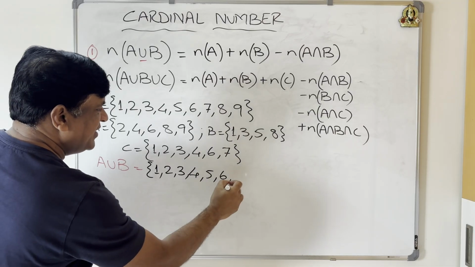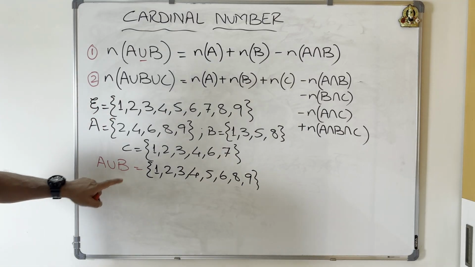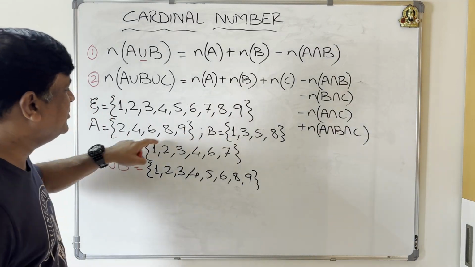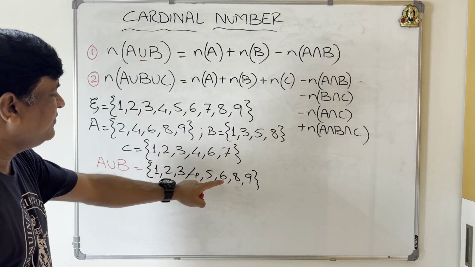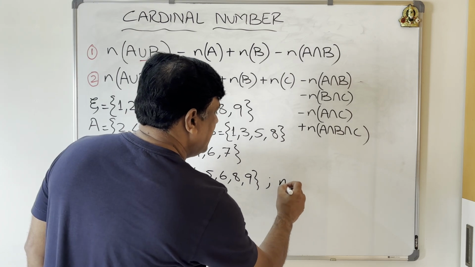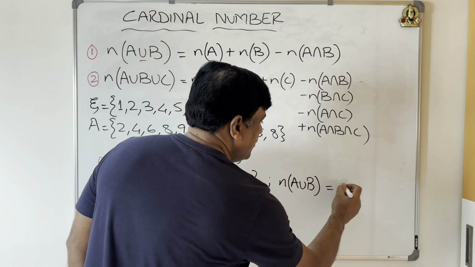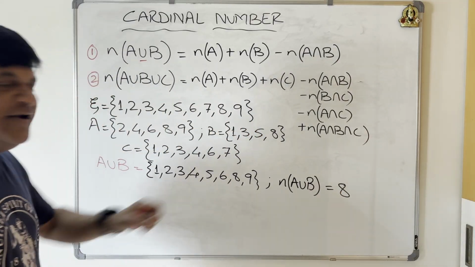There is no 7, so you have this one, right? A union B, when you combine these two, you get this one. So what is the cardinal number of this one? The cardinal number of n A union B is equal to 8. The number of elements in that one.